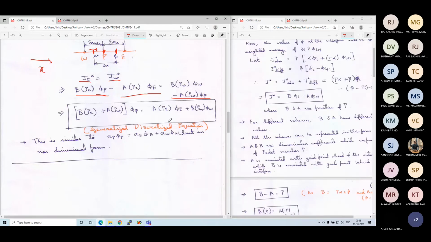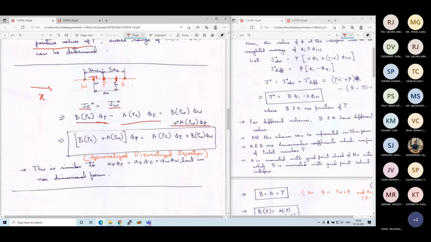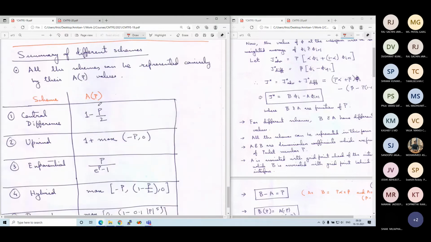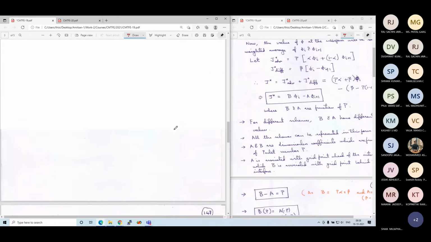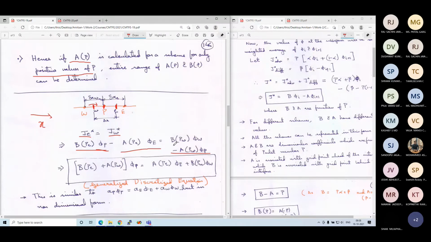Say we know, for any scheme, say the central difference scheme or the exponential scheme, the value of A. A is equal to 1 minus P by 2, yes, 1 minus P by 2 for positive values of P. So we can automatically calculate the value of A at this point, because P at this point is equal to the Peclet number at each interface. So the value is 3 or 5, whatever. So 1 minus 3 by 2, somewhat like this.